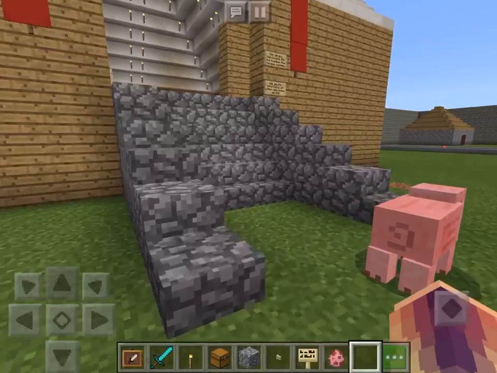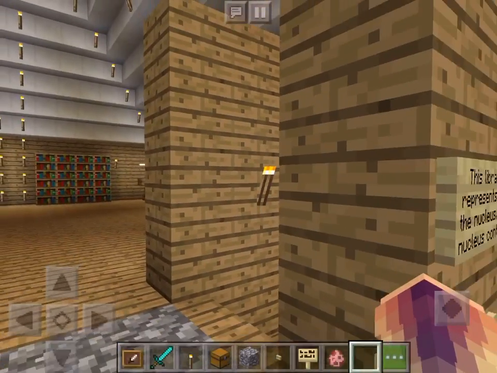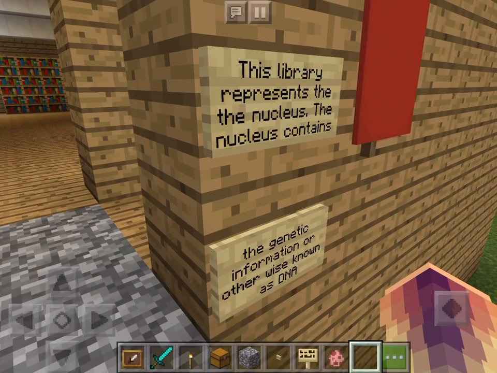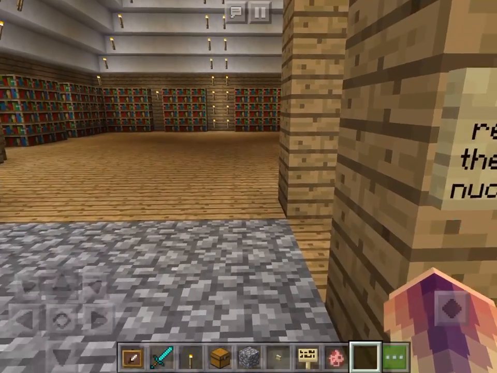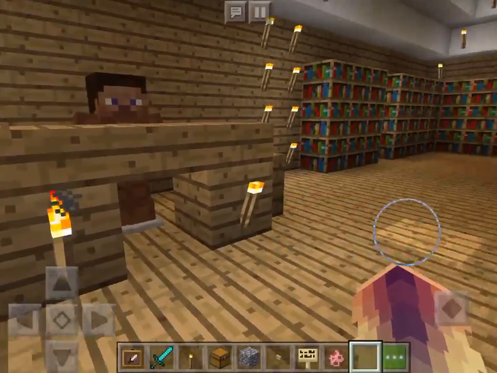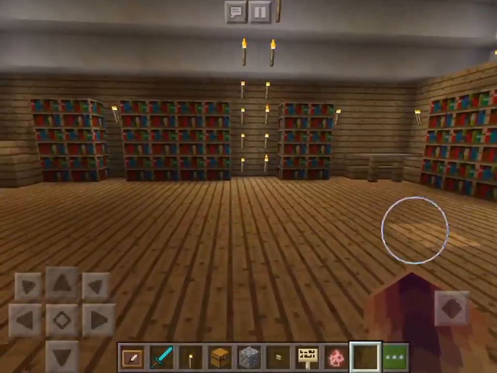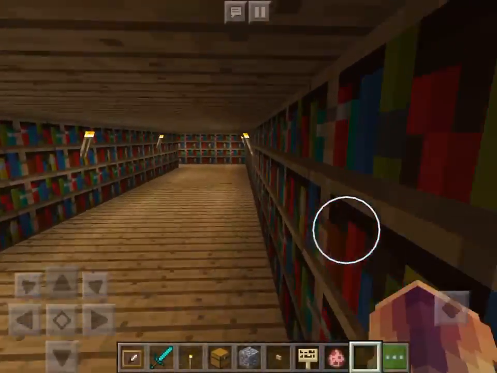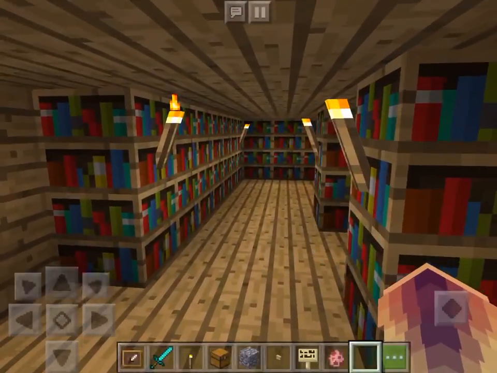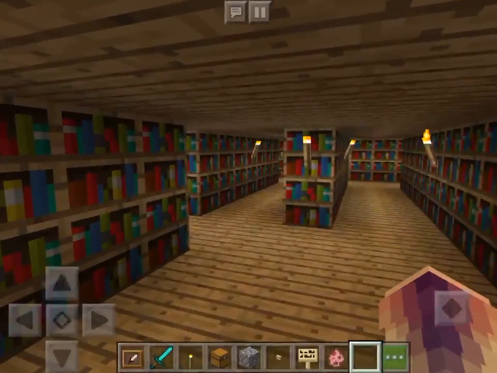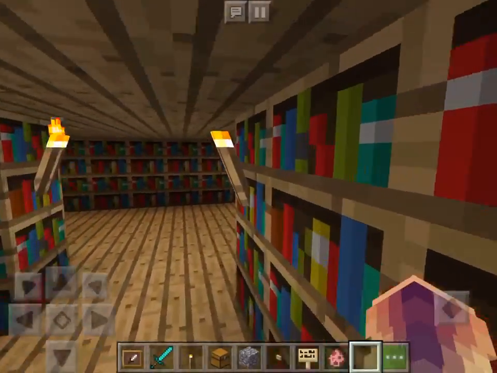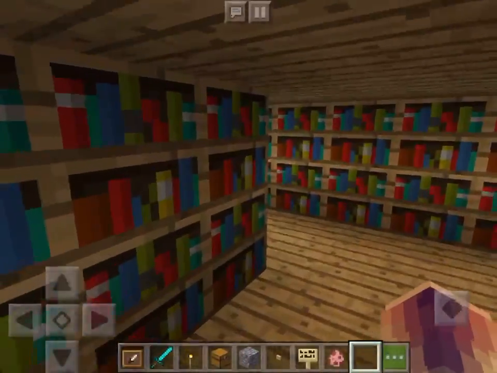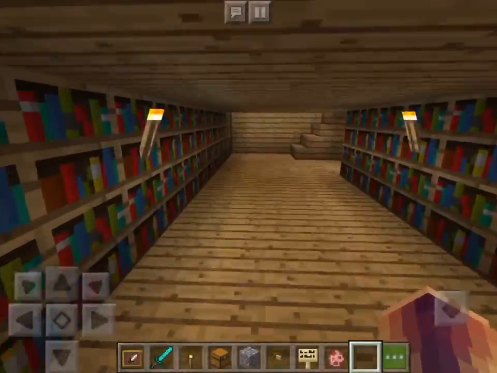Right here, I have a library, which represents the nucleus. The nucleus contains the genetic information, otherwise known as DNA. So I have my librarian, I have some books, some places to work at. Down here, there are the long-term databases, like the first time you had cellular respiration, or basically all the first-time stuff until now.